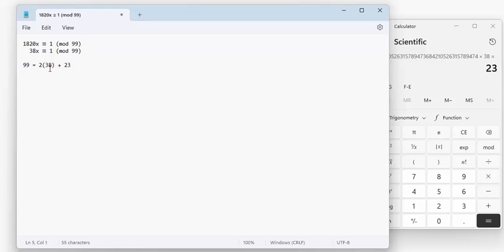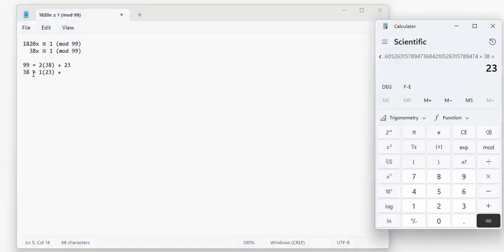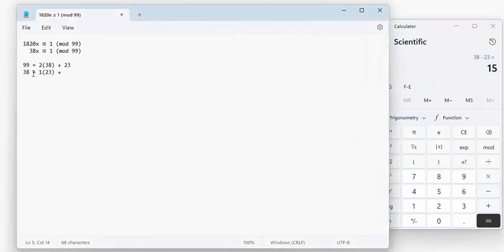Next line, we take 38. Now the mod is 23. Since 23 multiplied by 2 is already close to 50, this one should be 1, and then the remainder is 38 subtract 23, we get 15. Then we shift 23 over here. 23 becomes the number we want to decompose, and the mod now is 15, and 15 is more than half of 23. It should be 1.